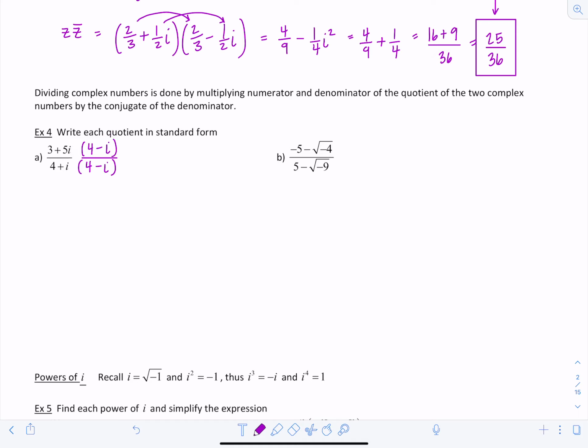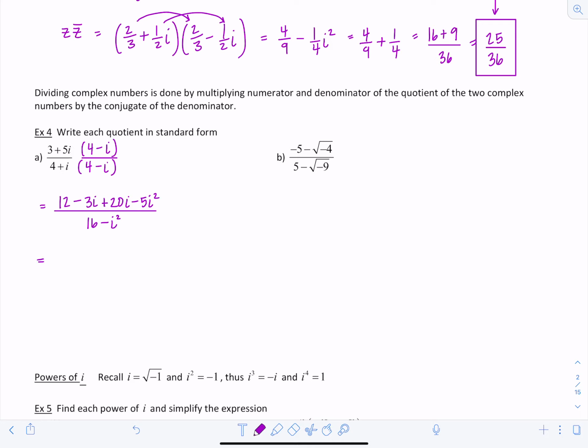And then let's see what we're going to have now in the numerator. So in the numerator, I'm going to have 12 − 3i + 20i − 5i². And then in the denominator, I'm going to have 16 − i². Okay, so let's combine.